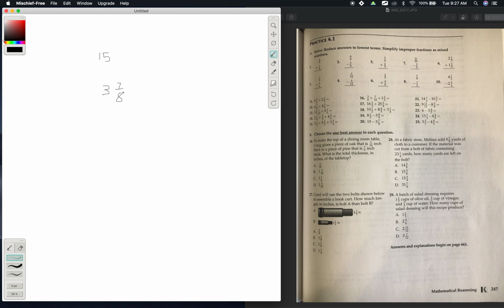Okay, so we have something interesting here. All we have is a whole number here, okay, which is 15. So how can we do this subtraction problem? We actually can't. So what we'll need to do is borrow 1 from 15, okay? And what makes 1 whole? Well, we know that there's 8 pieces in this problem, okay? That makes it 1 whole.